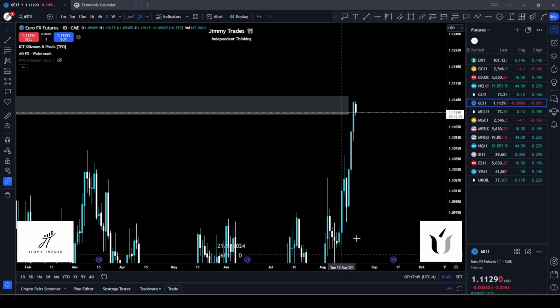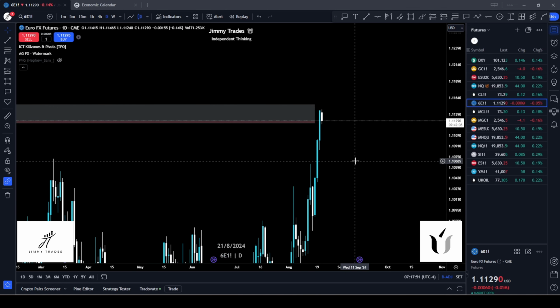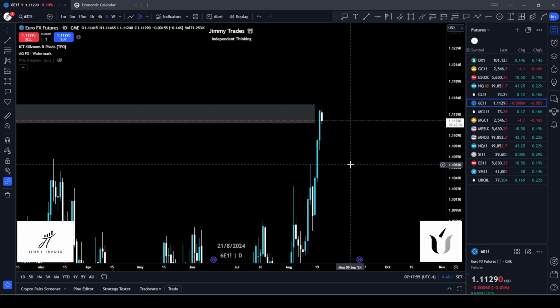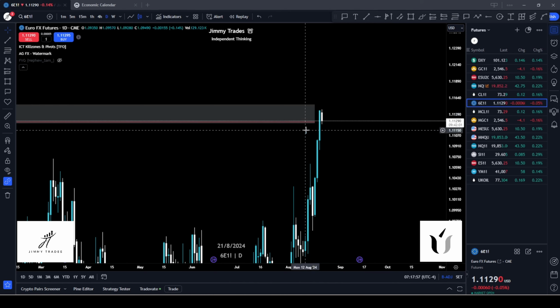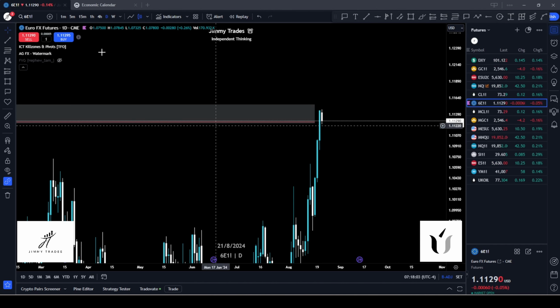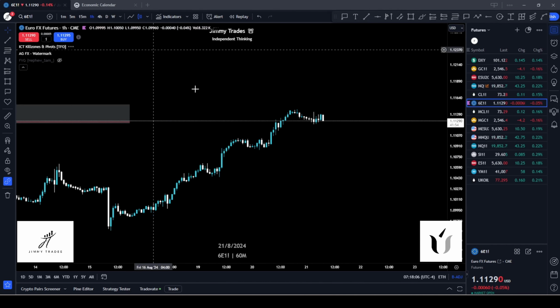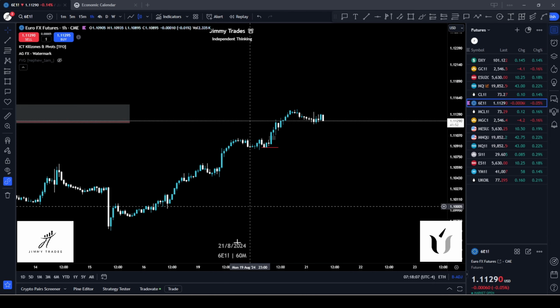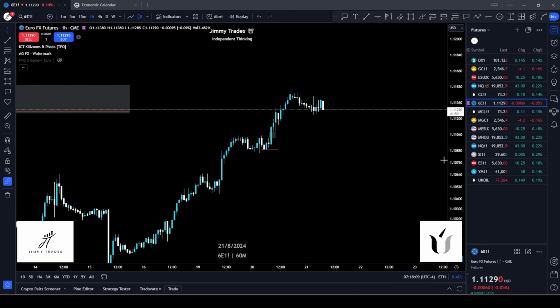In fact, what I'd want to see is when we drop down to the hourly, before I move bearish, I'd want to see a change in the state of delivery. So I would look at being neutral on the daily bias for euro, waiting to see what price tells us. So here we are on the hourly.